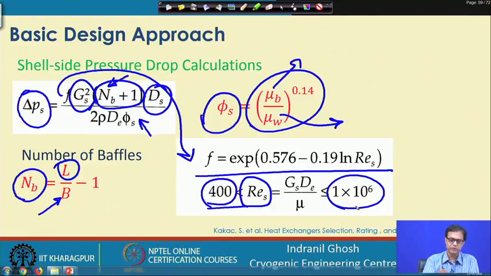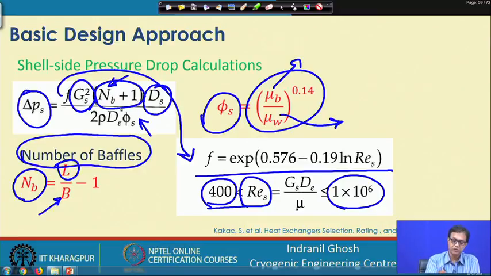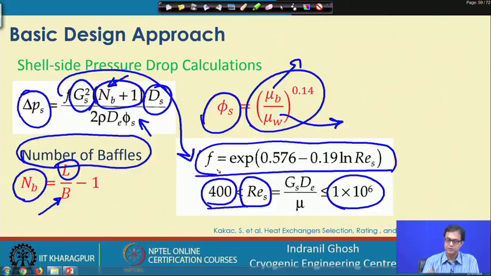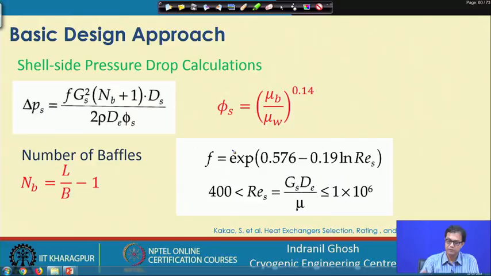And as you can understand, this takes care of the number of baffles in it, and we have to use a slightly different kind of correlation for the shell side. So, this is how we will get the friction factor.